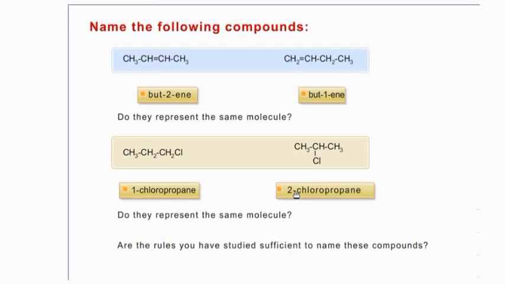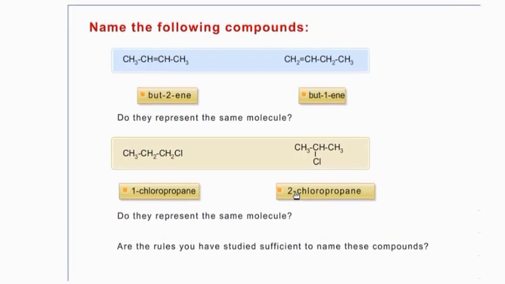And the next molecule, you could see, the first one is 1-chloropropane and the second one is 2-chloropropane. In the same way, do they represent the same molecule? No, they don't, because in the first molecule the chlorine is attached to the terminal carbon atom, whereas in the second molecule the chlorine is attached to the middle carbon atom.